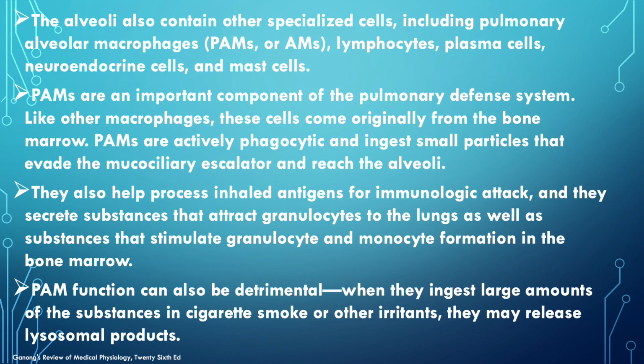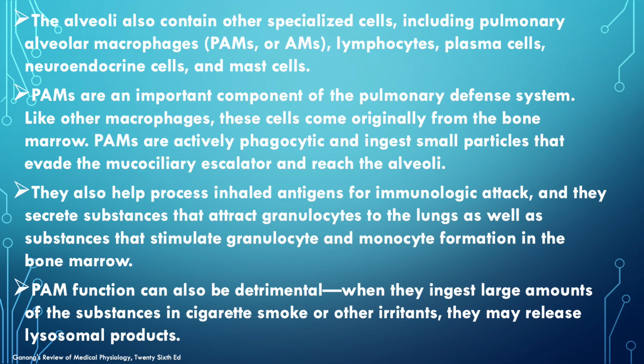So the alveoli also contain other specialized cells. The alveoli are not just working for oxygenation, but there are other jobs. They have pulmonary alveolar macrophages, or alveolar macrophages. They have lymphocytes, plasma cells, neuroendocrine cells, and mast cells.